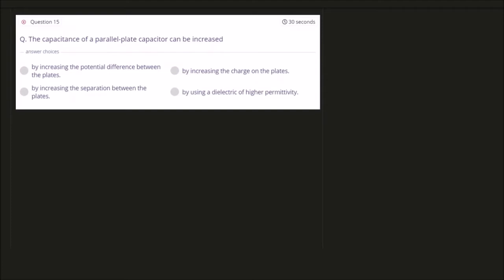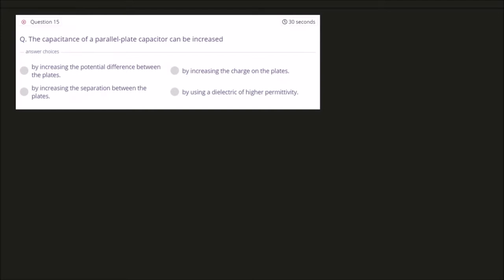Question 15. The capacitance of a parallel plate capacitor can be increased. Without looking at the answer, you should be able to recall that there are only 3 ways to change the capacitance of a parallel plate capacitor. The capacitance can only be changed by changing something about the capacitor itself.